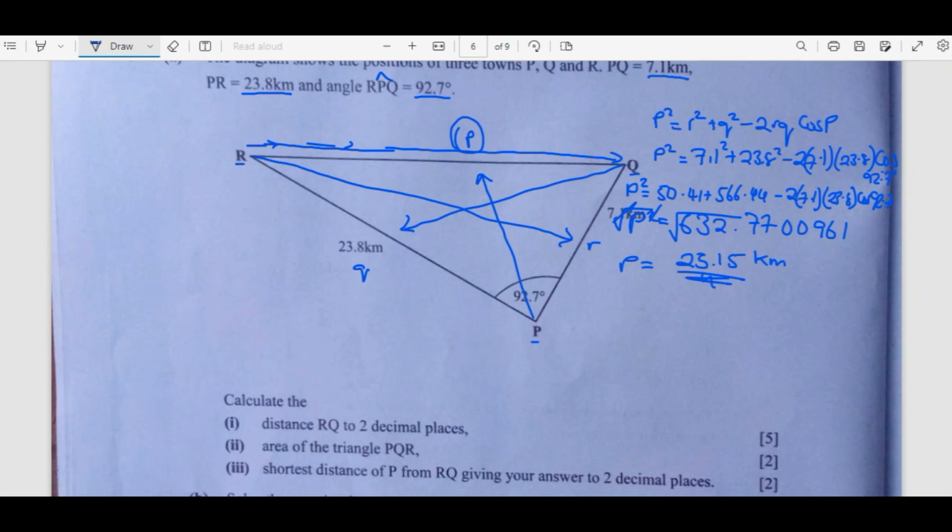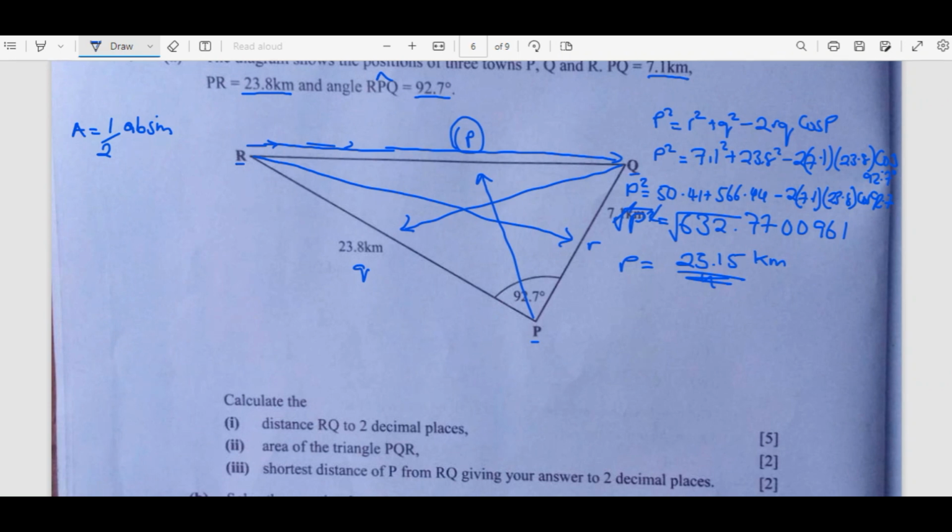And then find the area of the triangle. To find the area of this triangle, the formula is area is equal to 1/2 ab sine the angle which has been given.